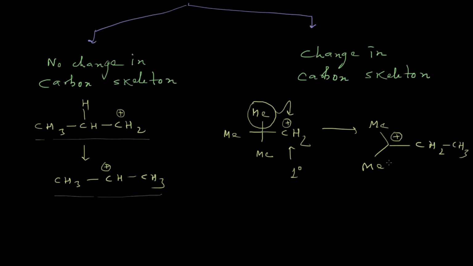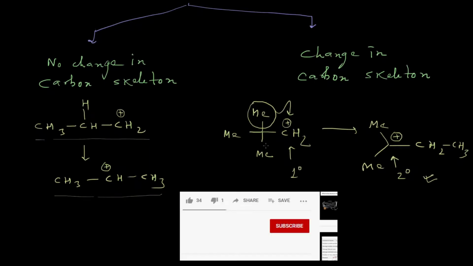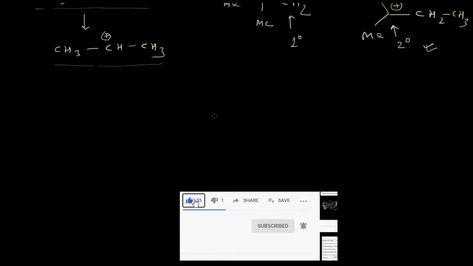You can see that here the carbon skeleton in the new carbocation is totally changed. This is the new carbocation, and you can see that the tertiary butyl structure is missing here. The carbon skeleton is completely changed.